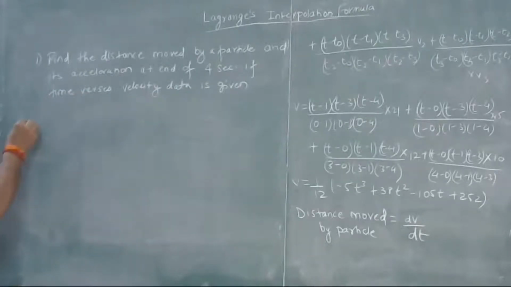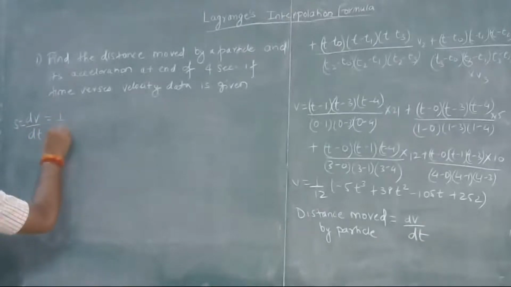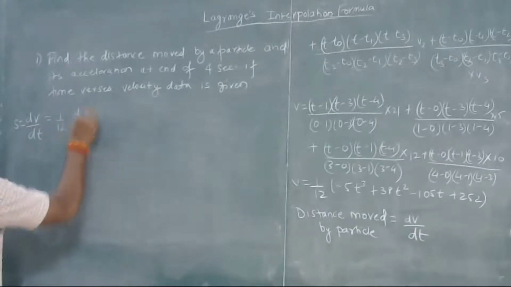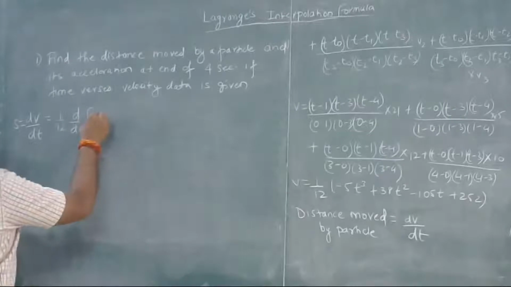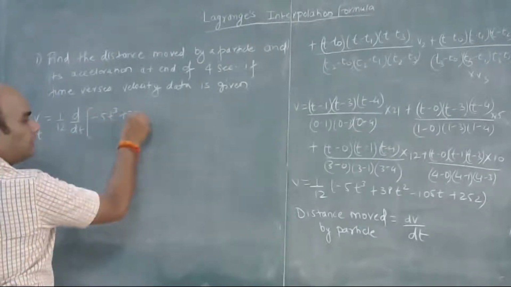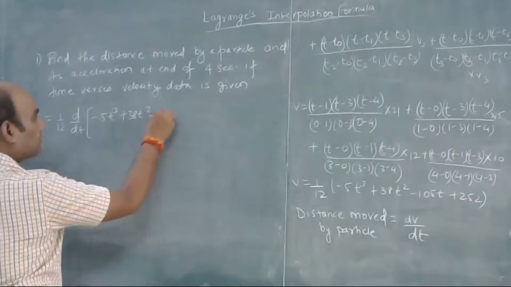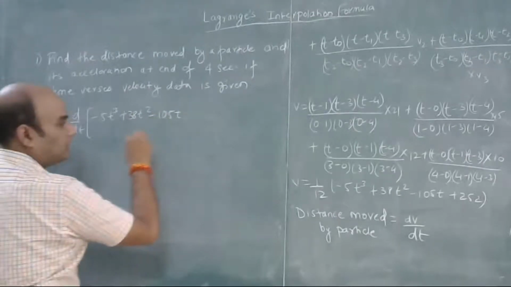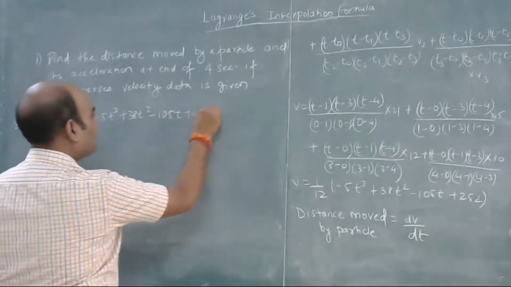So we will get s is equal to dv by dt. It is 1 upon 12 dv by dt of minus 5t cube plus 38t square minus 105t plus 252.